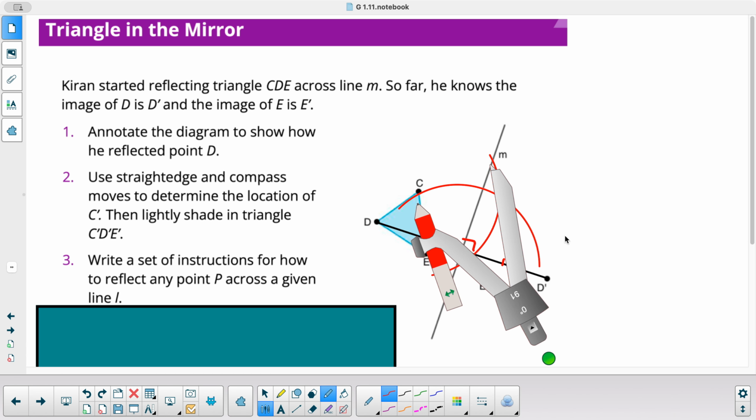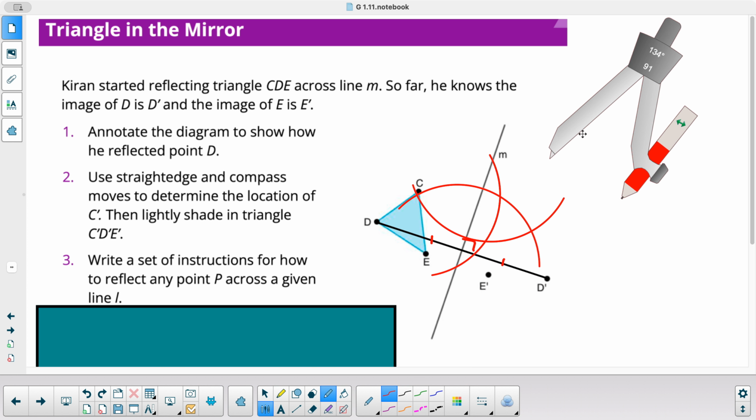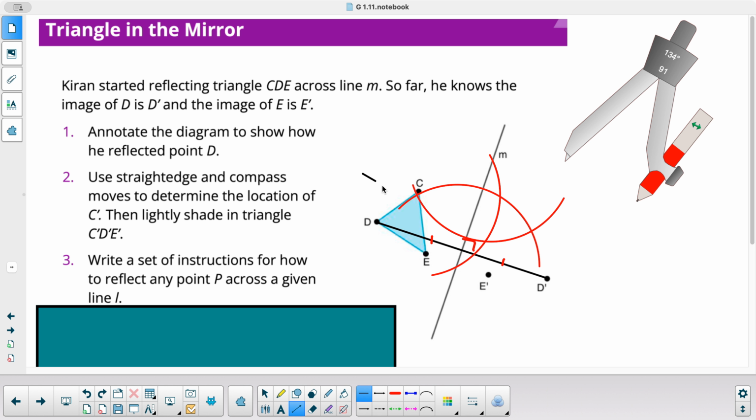Again, same length right there. Let me move that so it's a little bit more accurate. Right there, and then I make my perpendicular through C. See how it's perpendicular to M?